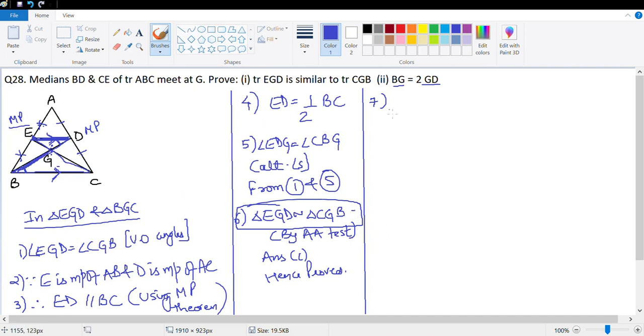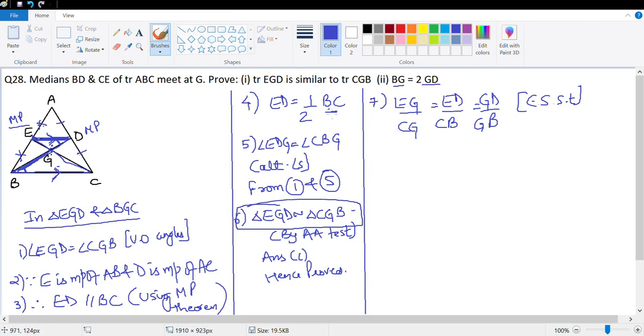So here, from this, what I get is EG upon CG is equal to ED upon CB is equal to GD upon GB. This is CSST. Done. But I know here that BC is equal to 2 times ED, correct?